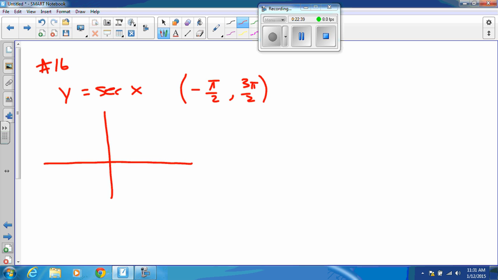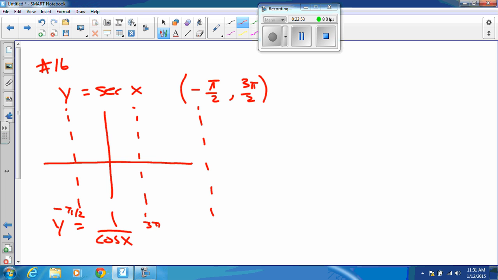So I think of it as 1 over cosine x, and I find the places where cosine x is equal to 0. Those places are pi over 2, negative pi over 2, and 3 pi over 2, which means I'm going to have vertical asymptotes here, like so.